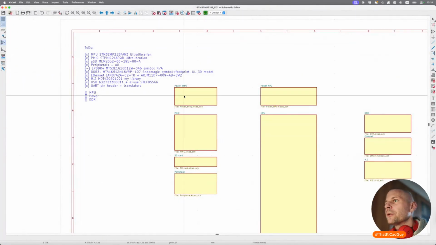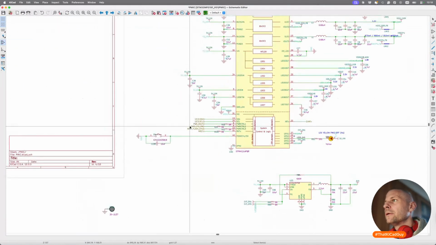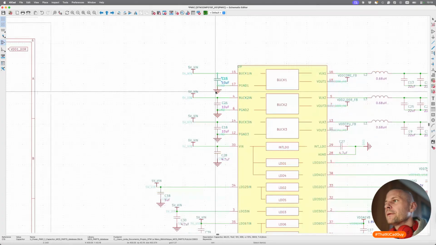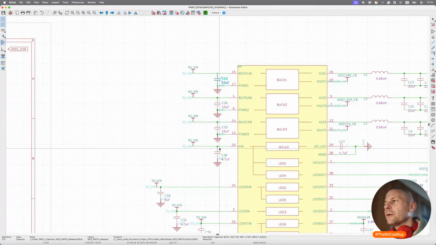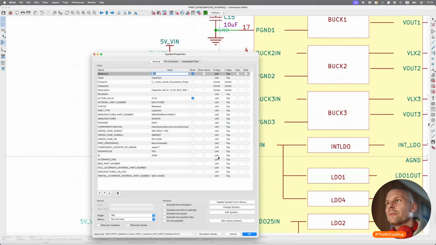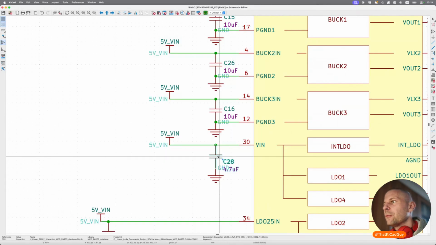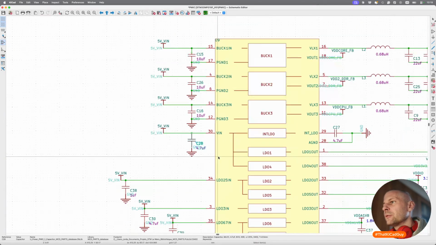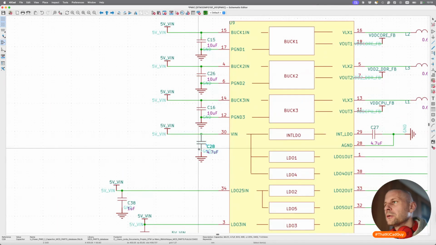So let's start with the PMIC. 10 micros here, 0603. Okay, so as before. Input voltage at each one. This one has only 4, probably some size constraints, but I'm not sure.